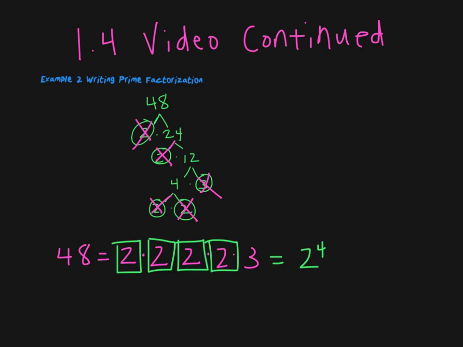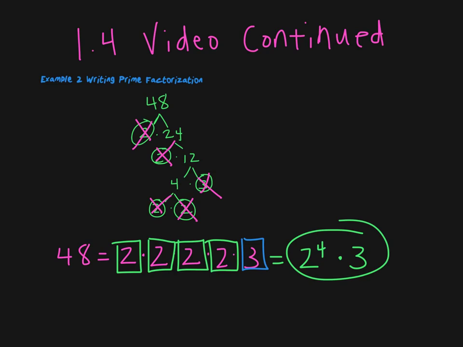Then I also have a 3 that's its own separate box, so I have to add that one in there by multiplying by 3. So my final answer for the prime factorization of 48 would be 2 to the 4th power times 3.